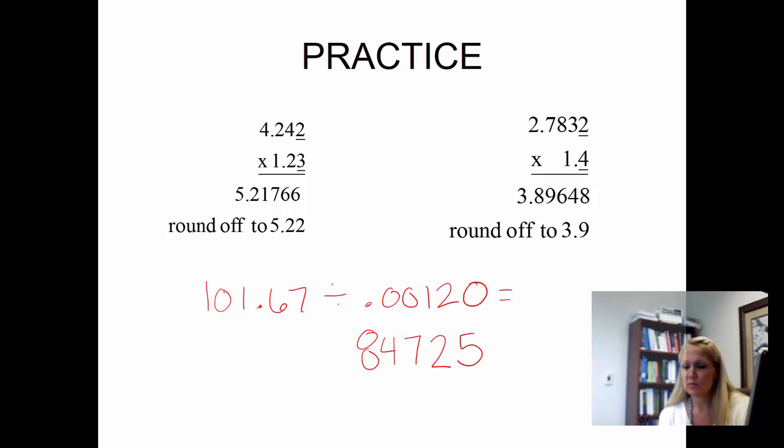The same rules apply. We look at both numbers and we determine how many significant digits we have in each. Here I have 10167. All 5 of those are significant. Remember those sandwich zeros in between non-zero digits are always significant. Then I look over here, and this one's kind of testing whether I know my rules for sig figs.